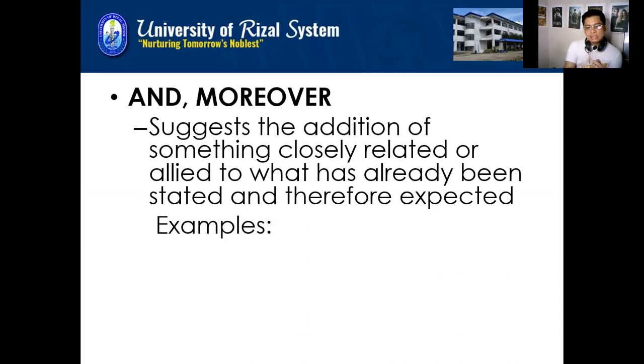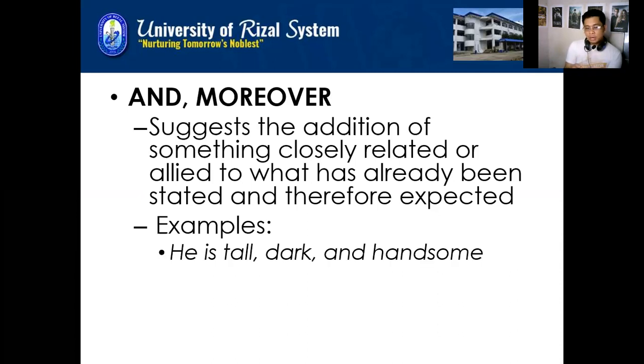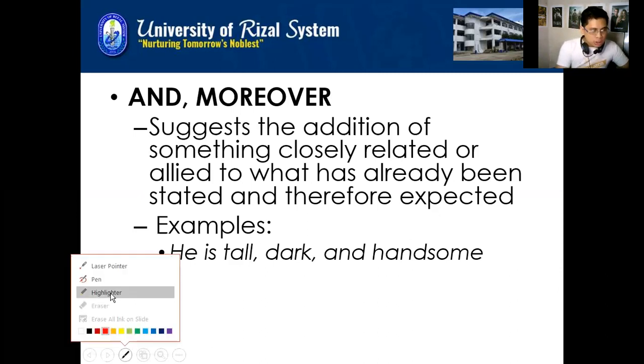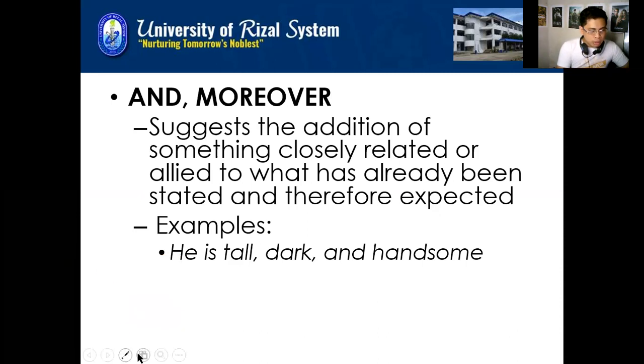Let's say for instance, he is tall, dark, and handsome. He is tall, dark, and handsome. Now, let us see what is that similar functional value that we are pertaining to here. As you notice, there are three adjectives: tall, dark, and handsome.